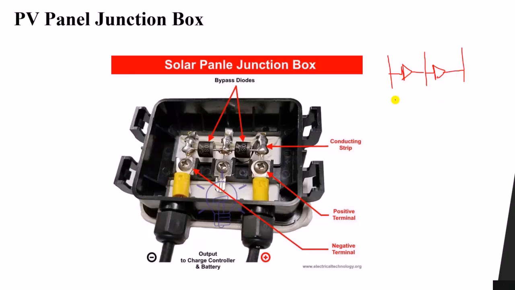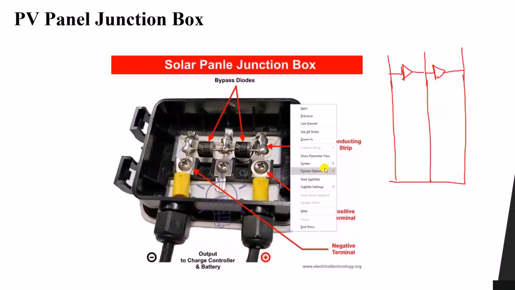Under them we have a group of cells here and a group of cells here. So it divides the panel into two strings. Then we finally have the positive terminal and the negative terminal, which go to the charge controller and the battery.